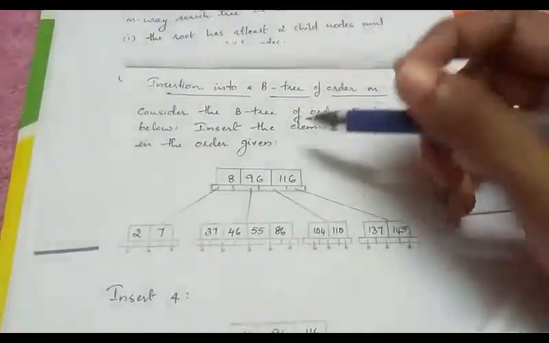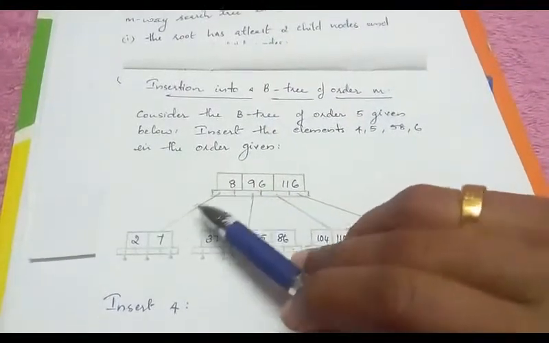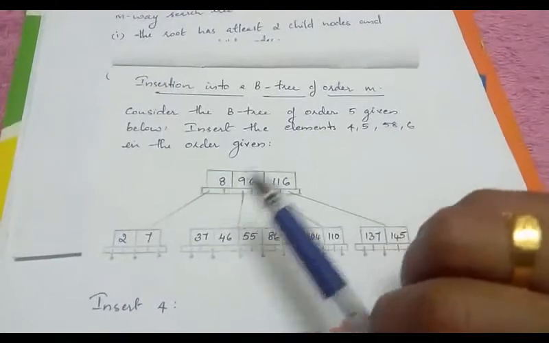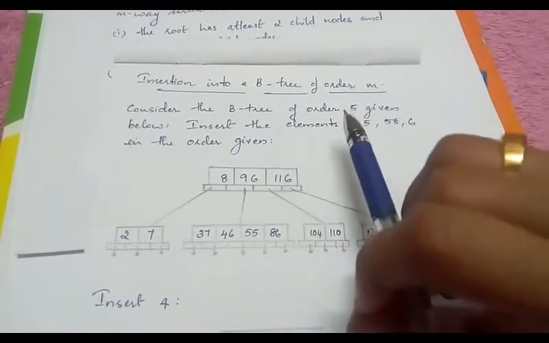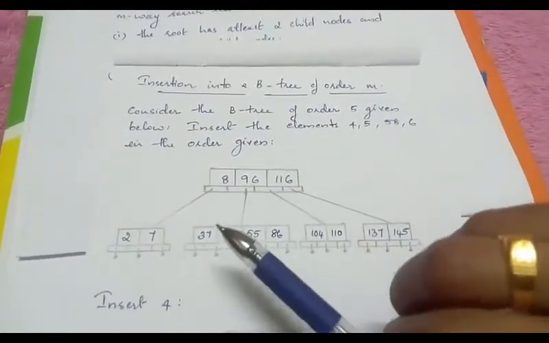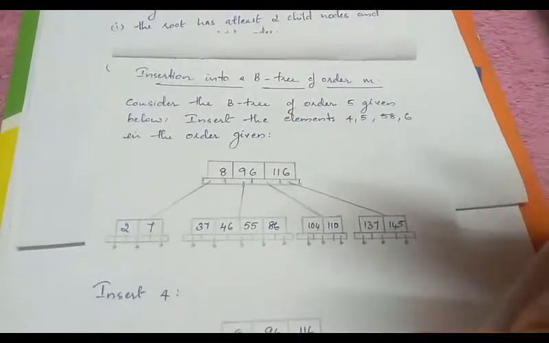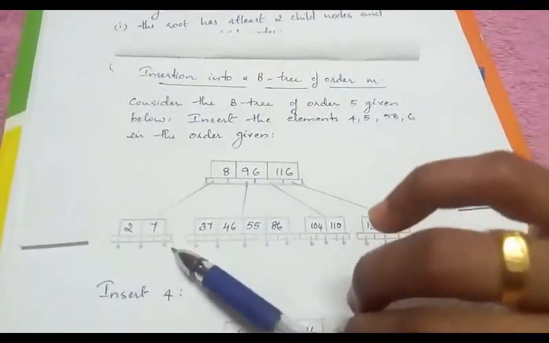The maximum number of child nodes that a node can have is m, that is, in this case, 5. Since the order is 5 here, the maximum number of child nodes this B tree can hold is 5, right?